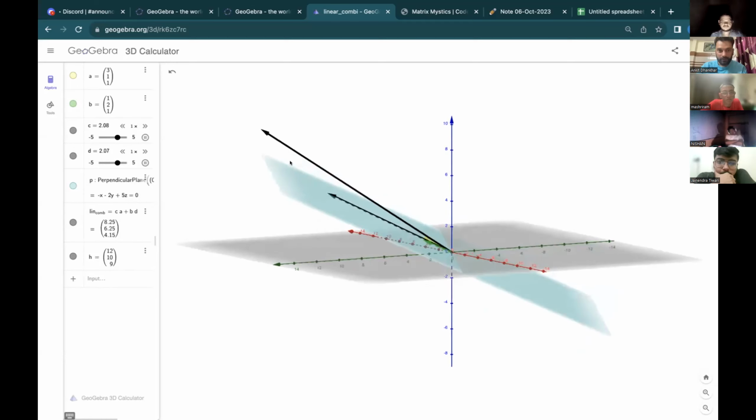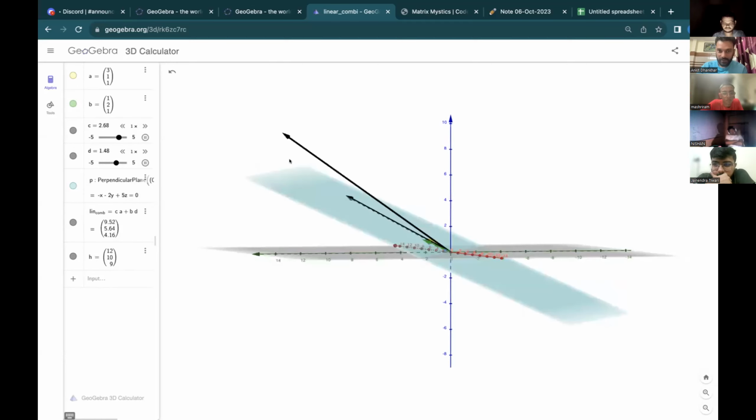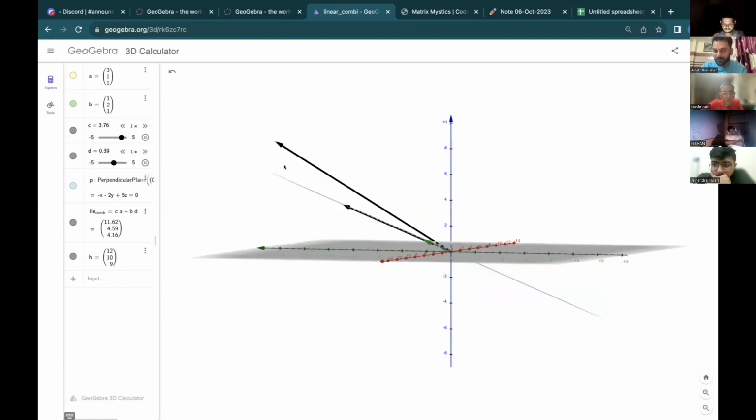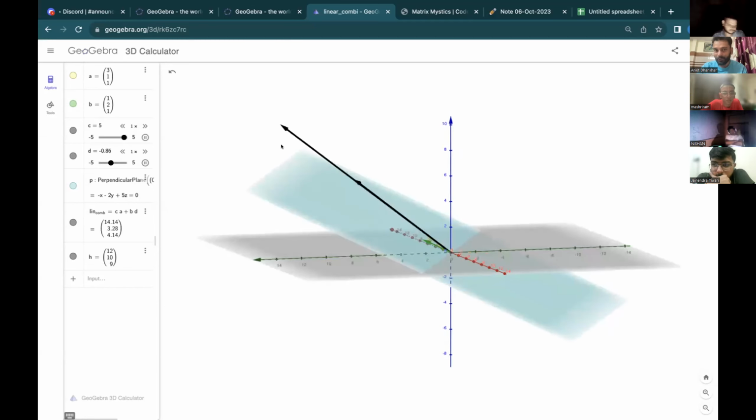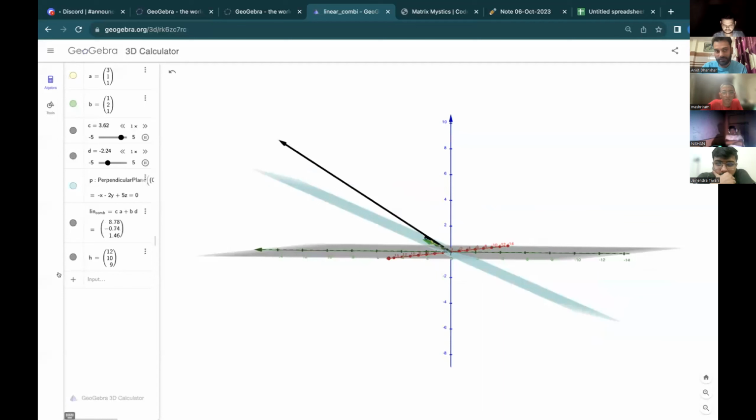Can you give me a hint how we should draw a perpendicular from this h to the plane? Can you visualize this perpendicular drawn from the point h to the plane itself?